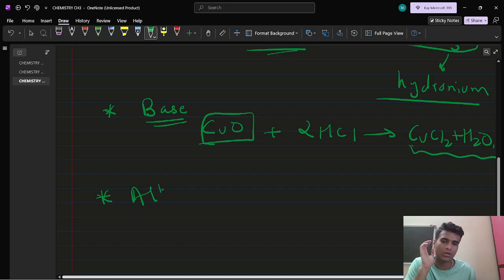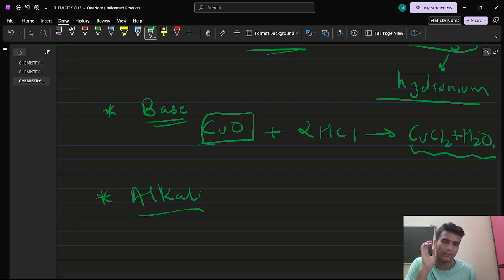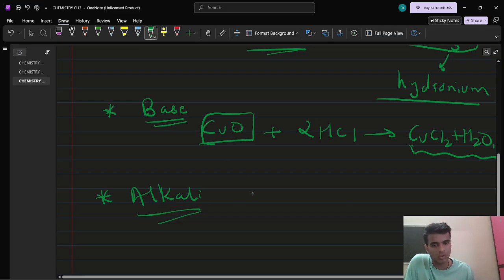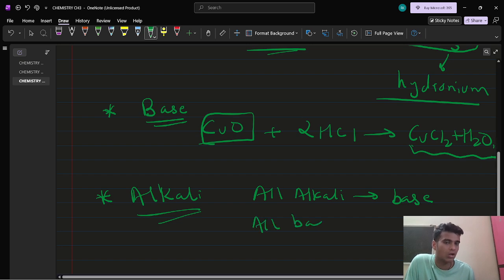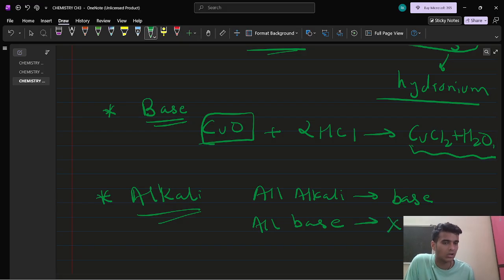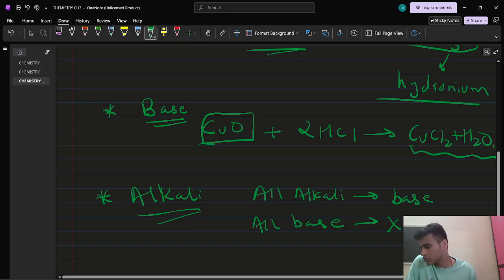Now we have something called as alkali. So all alkali are base, but all base are not alkalis. So I will explain what they mean.